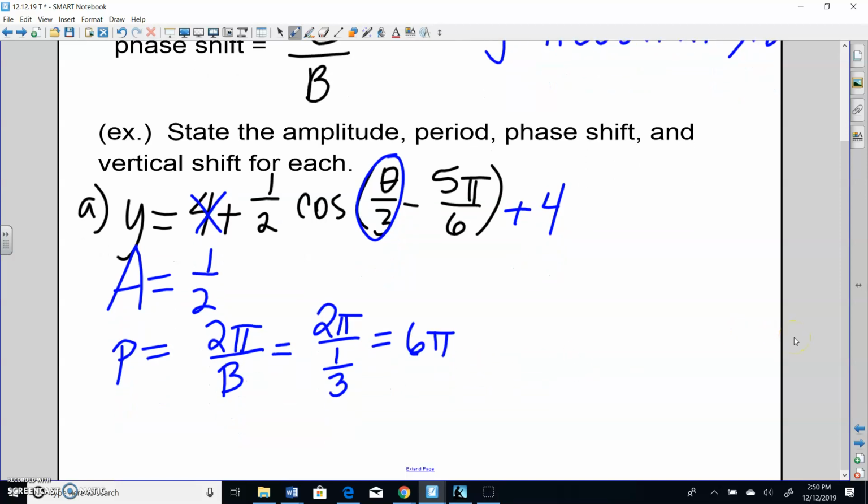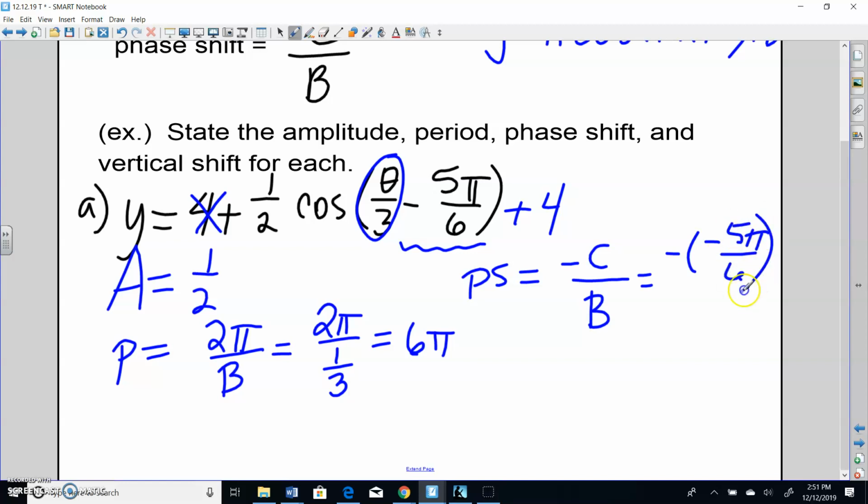To find the phase shift, I'm going to do that over here. So for phase shift, we take the opposite of C over B. Right now, C is a negative 5 pi over 6. So we would be doing the opposite of a negative 5 pi over 6, which is a positive 5 pi over 6, divided by B, and B over here was 1/3.